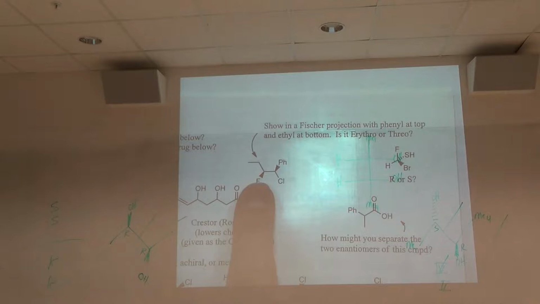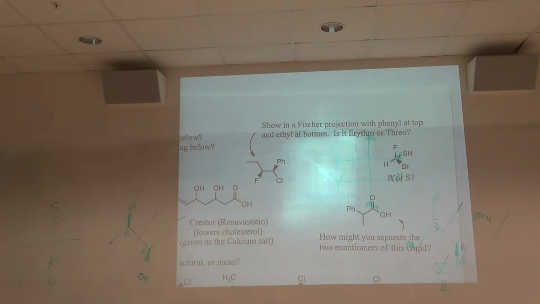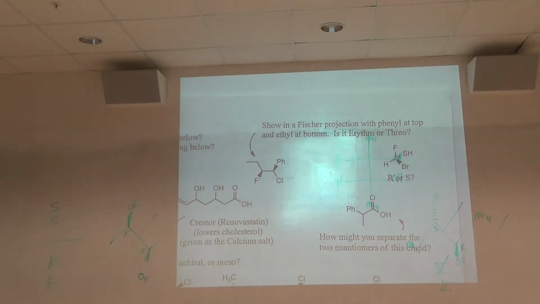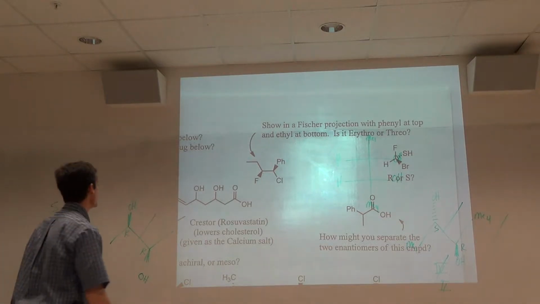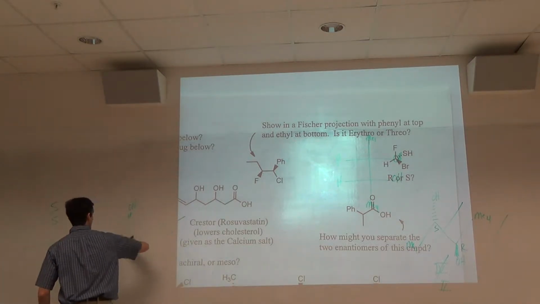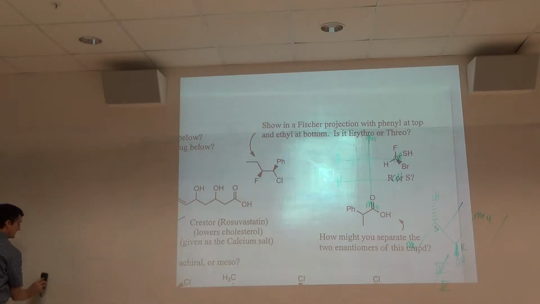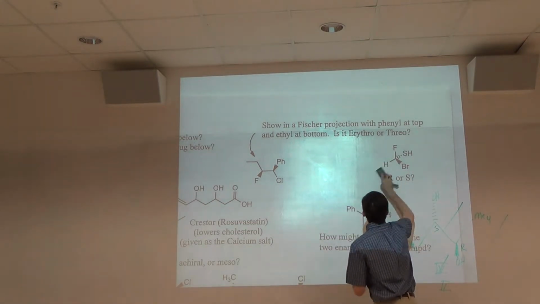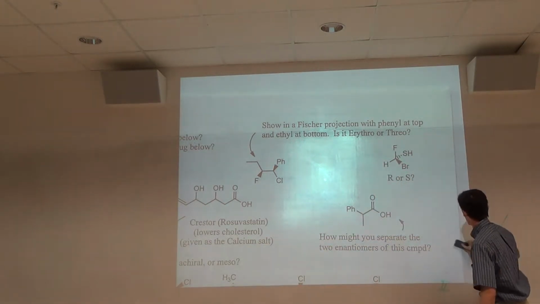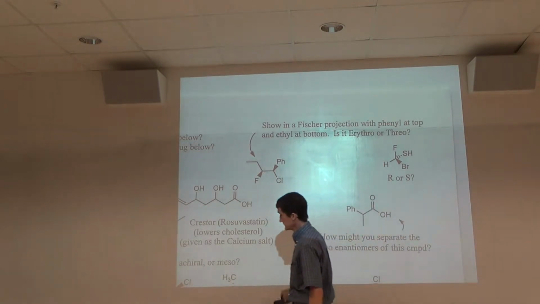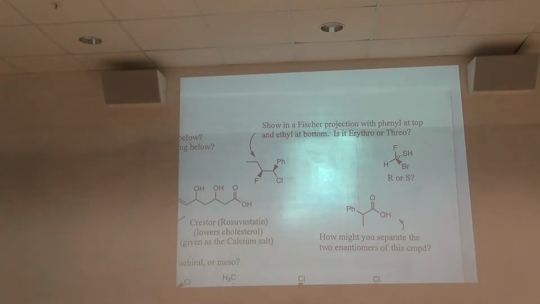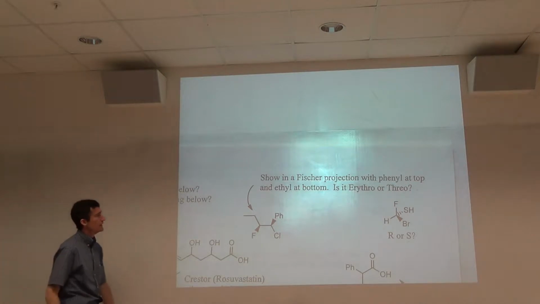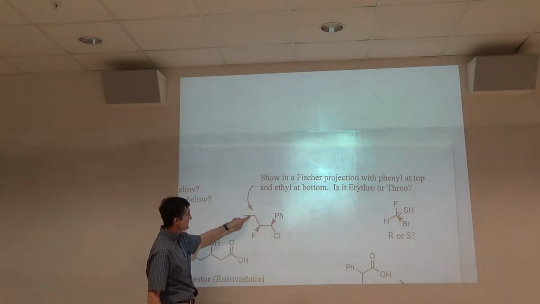Okay, draw that in the Fischer. Tell me if it's erythro or threo. Remember what those two terms mean? With phenyl at top, phenyl's a benzene ring, ethyl at bottom.